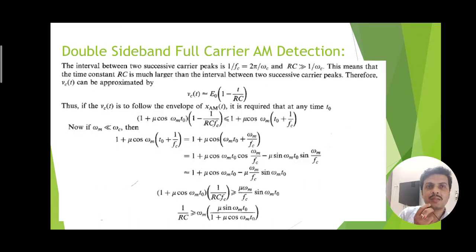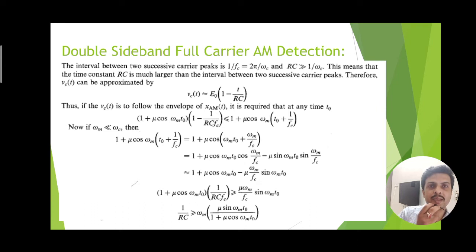Now regarding the double sideband full carrier amplitude modulation detection, here the interval between two successive carrier peaks is 1 by Fc, and the time constant is RC. This means that the time constant RC is much larger than the interval between the two successive carrier peaks.